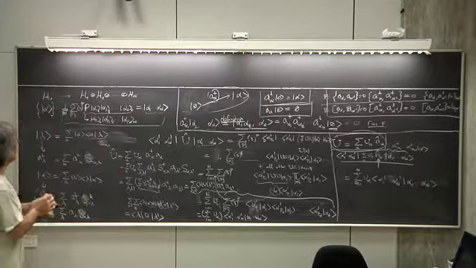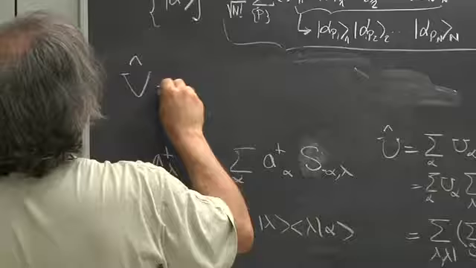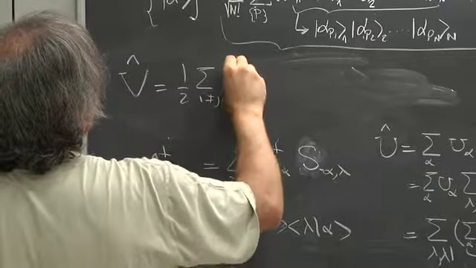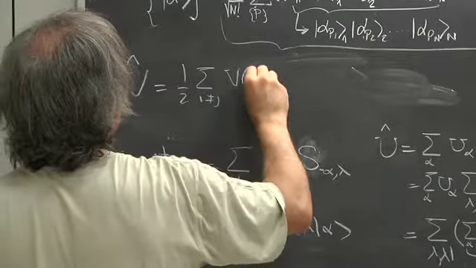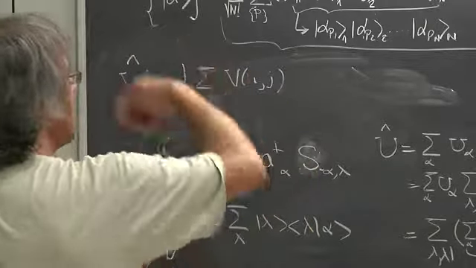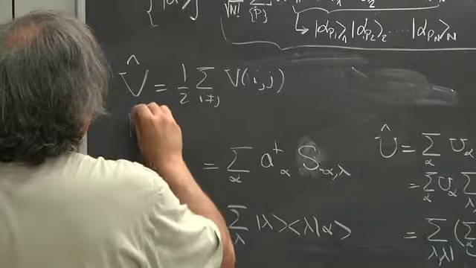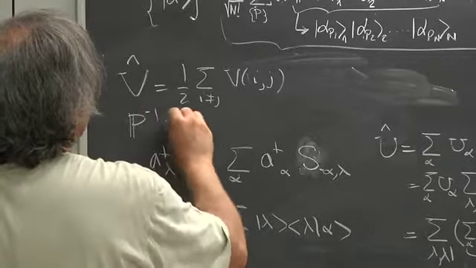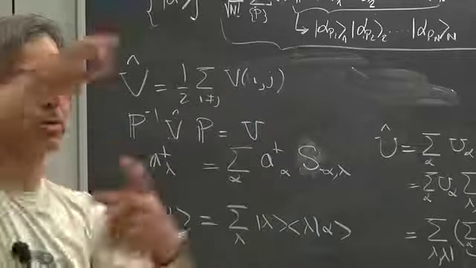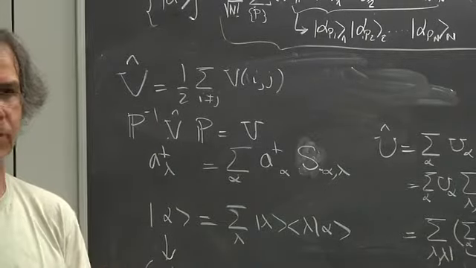So the operator that I'm considering now, let me call it V, which in second quantization is the sum over I different from J of V, R, I and J, is certainly totally symmetric under permutation. So something like P minus 1 V P is essentially equal to V, because I'm summing over all possible pairs in all possible ways, and therefore it doesn't matter if you permute in any possible way.